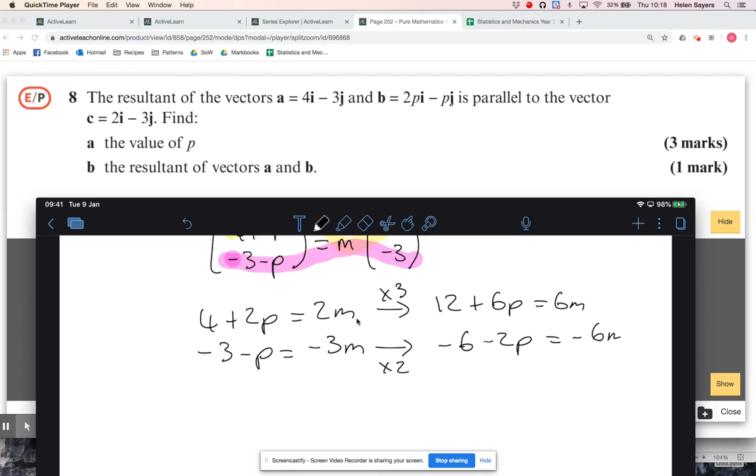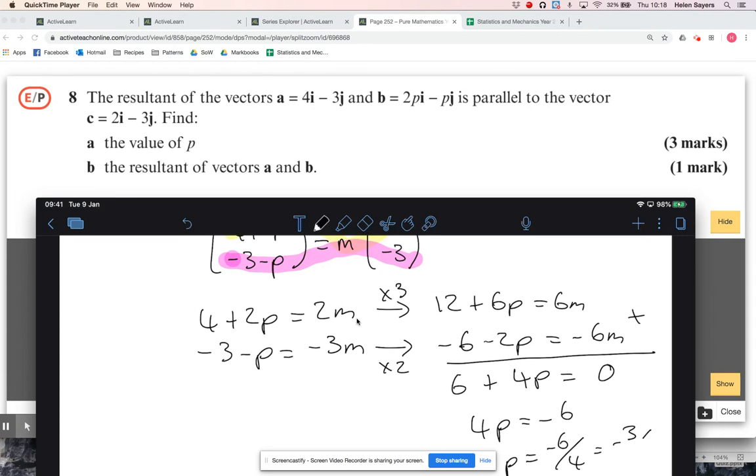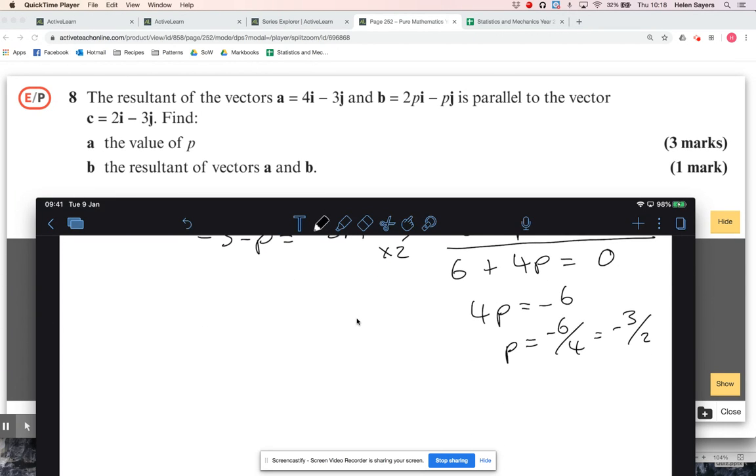And then if I add them, 6m plus -6m will cancel, and I'll get something just in terms of p. So I'm doing 12 plus -6, 6p plus -2p. From there I can say 4p is -6, so p is -6 over 4. So -3 over 2, or -1.5.